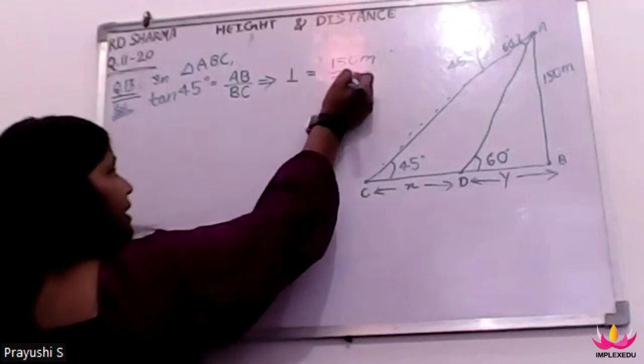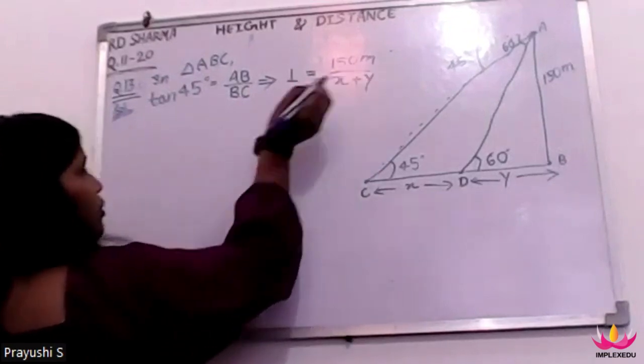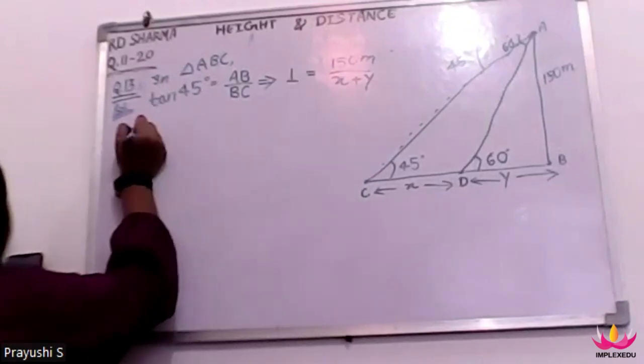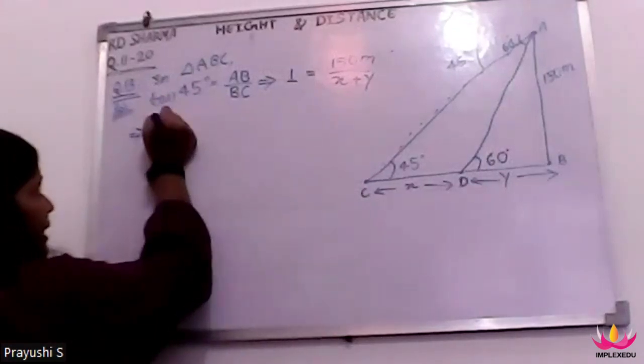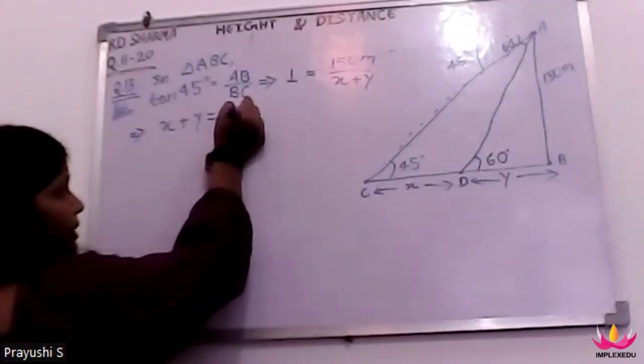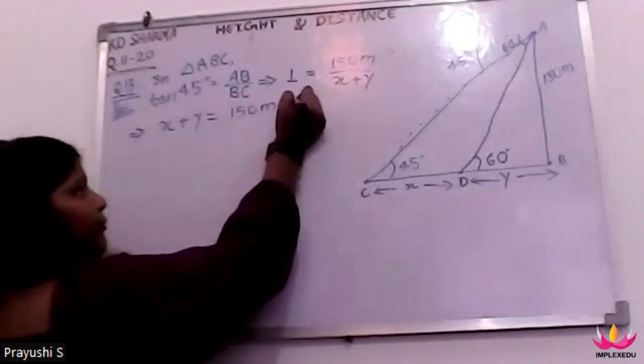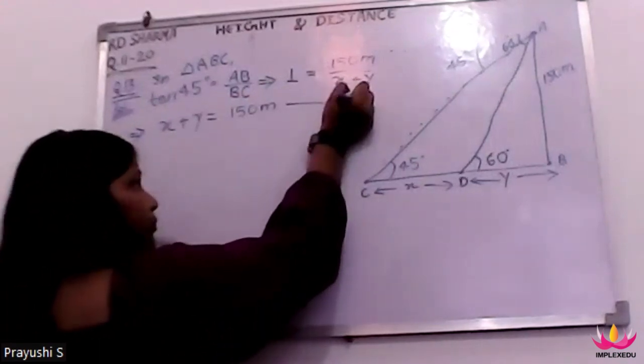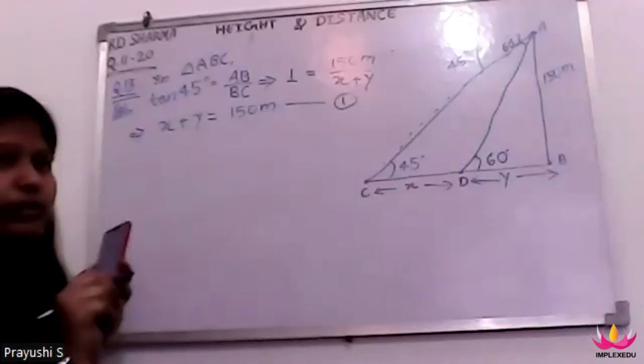So we will write here x plus y. So from here we will get x plus y is equal to 150 meter, which is our equation 1.